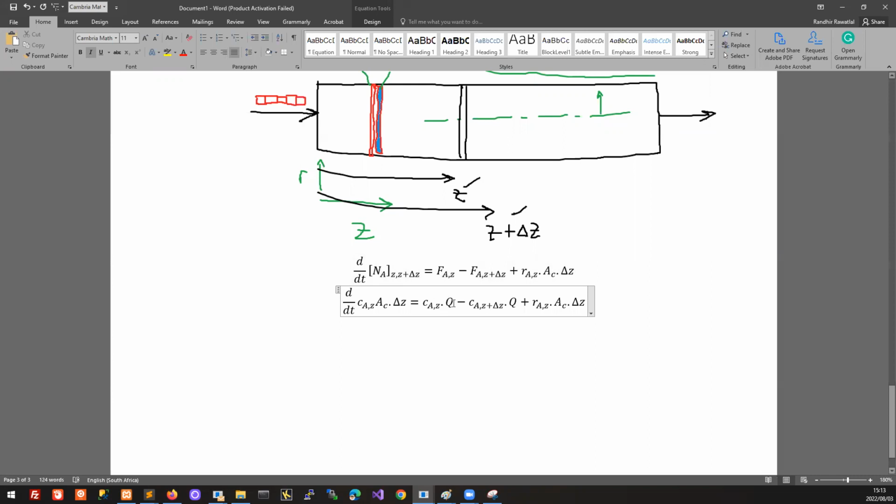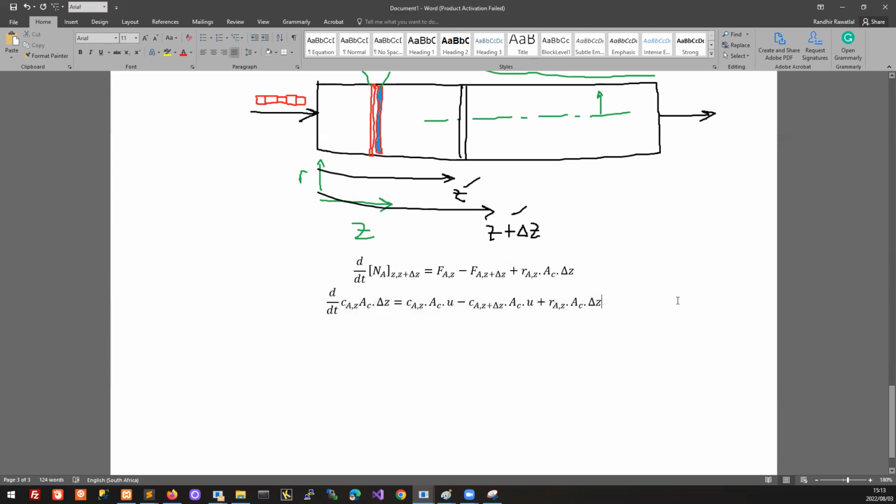Now, one other thing we can do: we've defined the cross-sectional area here, so the volumetric flow rate must be the cross-sectional area times the linear velocity. So we can re-express this Q as AC times U, and we're going to do the same here, Q is AC times U. That's nice because now all these ACs can cancel, and there's a constant U between these two terms. And we want to divide everywhere by AC delta Z.